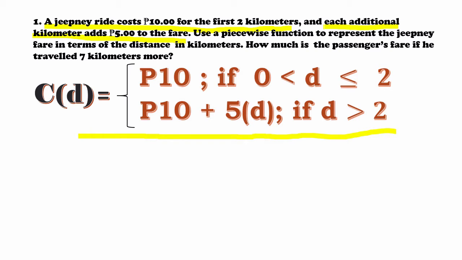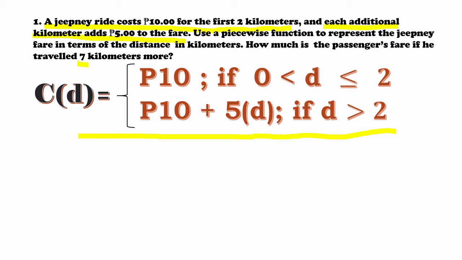The question is, how much is the passenger's fare if he traveled 7 kilometers? Okay, so which of the two pieces of functions are we going to use to determine the passenger's fare for a passenger who traveled 7 kilometers?